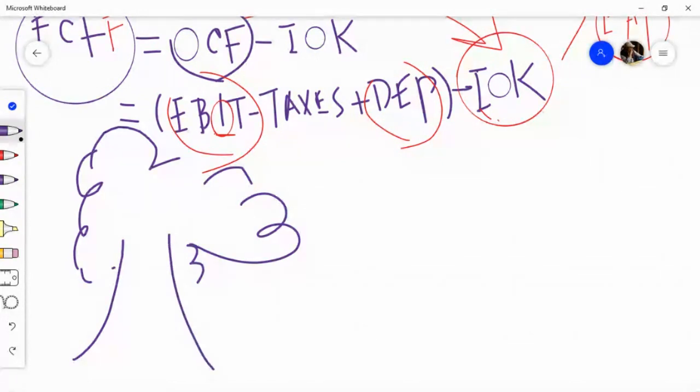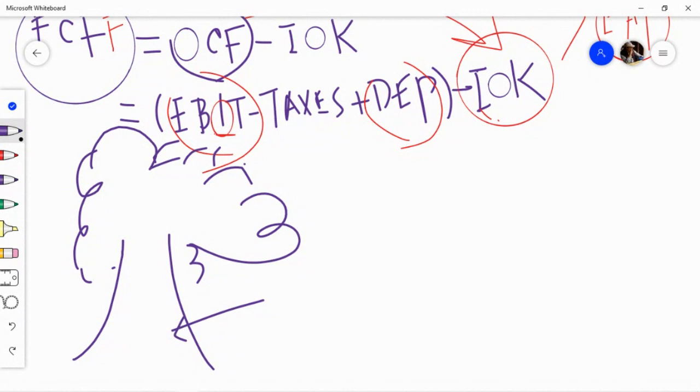a firm is like a tree, right? This is a fruit tree, and at harvest there will be a lot of fruit, so that's why you have this tree.